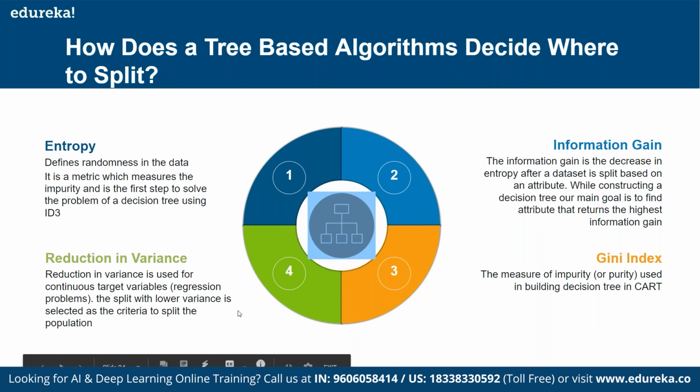Specifically in case of regression problems, we choose the splits for which the variance of the entire data gets reduced, which means the span of the data is less, it's less scattered. We'll choose those nodes with those features. This is specifically in case of regression problems.